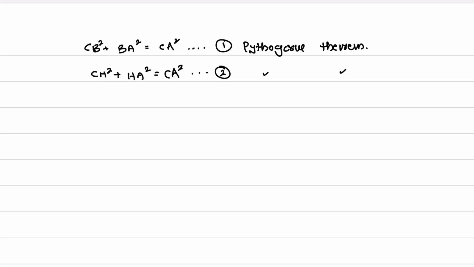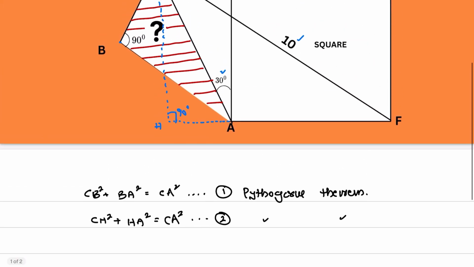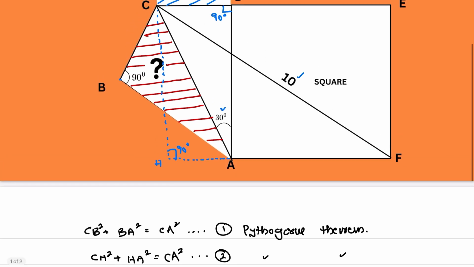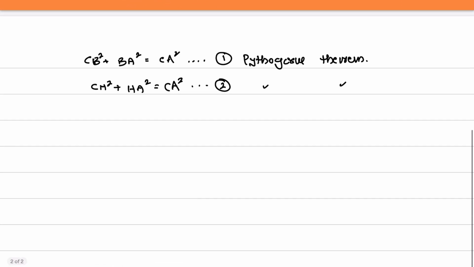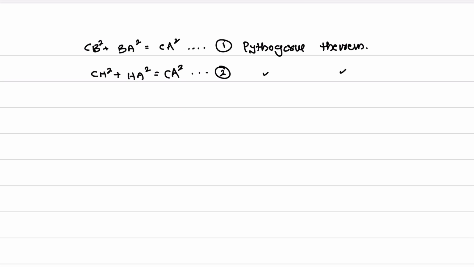The values of AH and CH are different than AB and BC. Hence, until and unless one side is known, you will not be able to find out the area of triangle ABC.